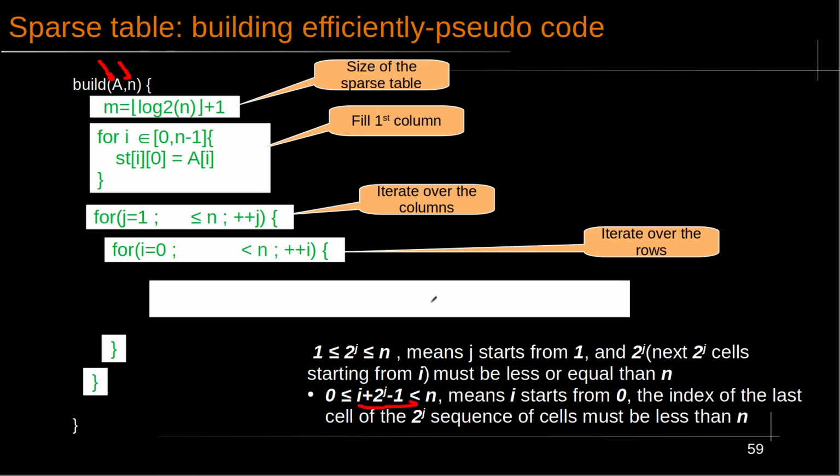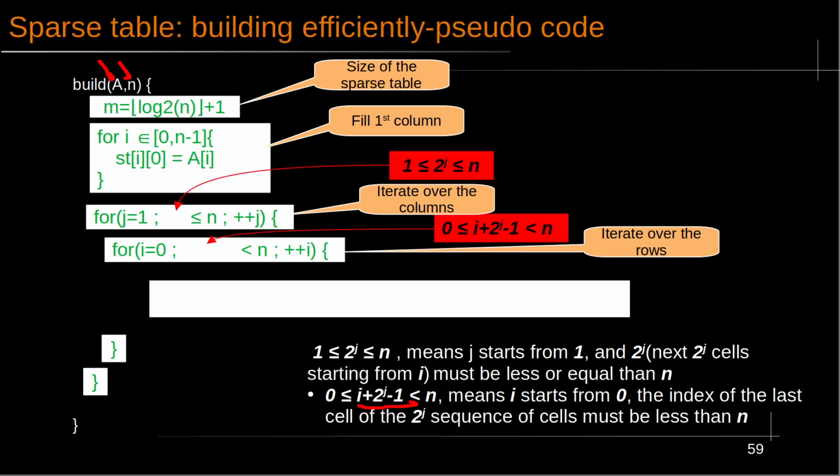So the position here must not exceed the indices of the original array. So we're going to put here 2 power j, and on the next loop i plus 2 power j minus 1.